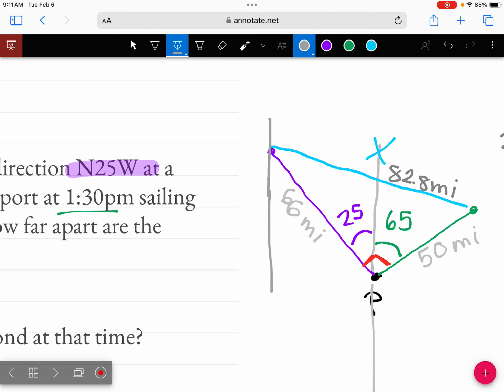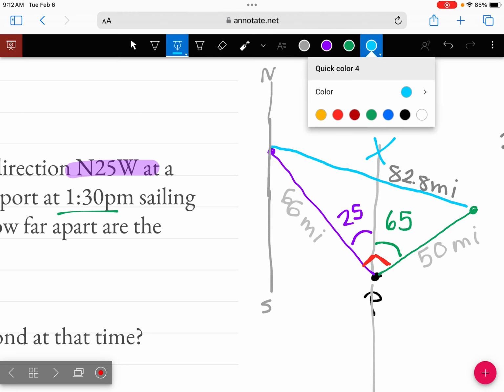So we're going to set up another north-south axis here to see if we can figure out what it is. What we need to know is this angle here. That's what we're looking for.